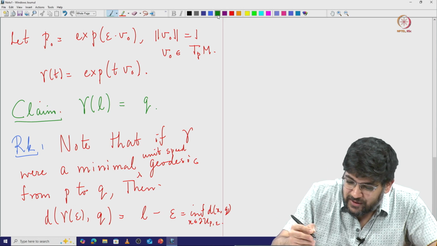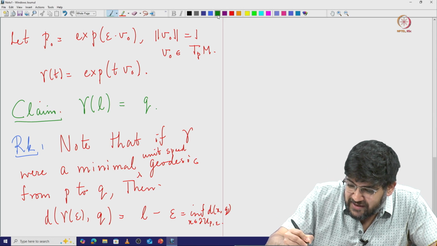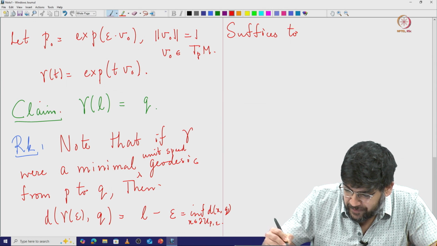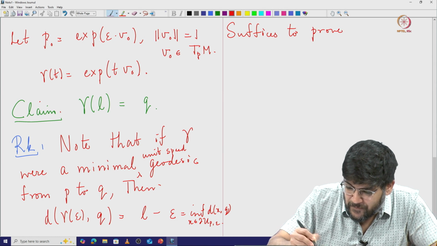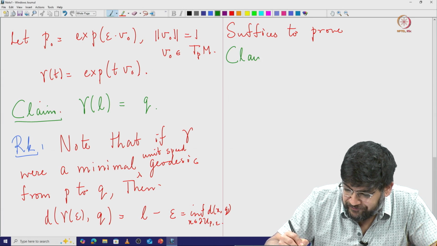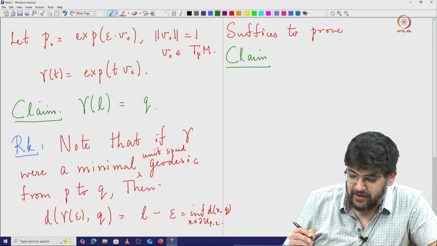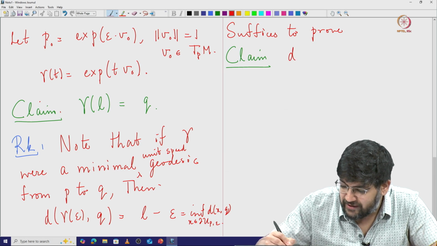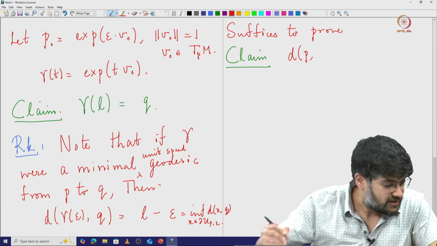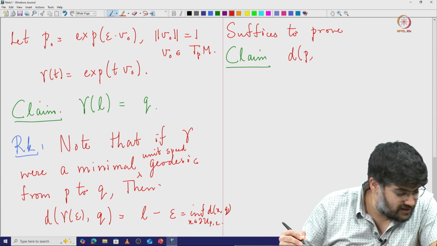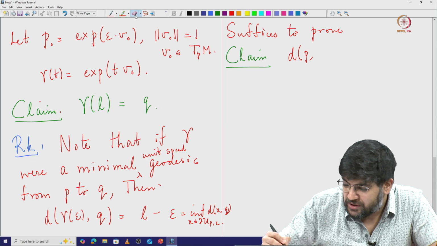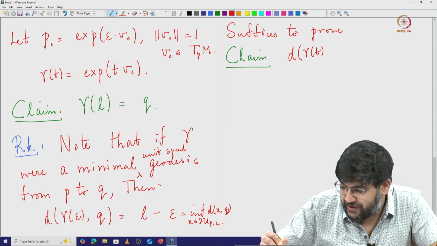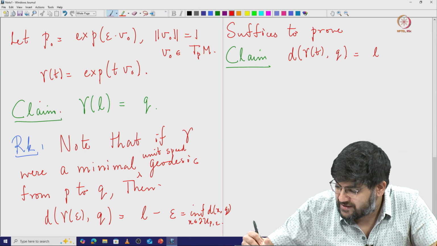Alright, so to prove the claim, it suffices to prove the following. So let me write down another claim. It suffices to prove that if you look at the distance from gamma of t to q, then that is L minus t.